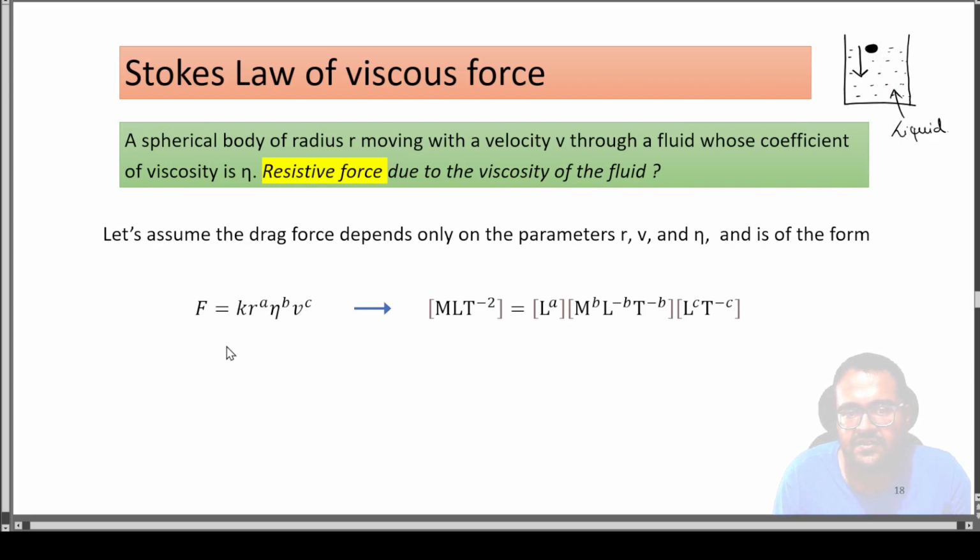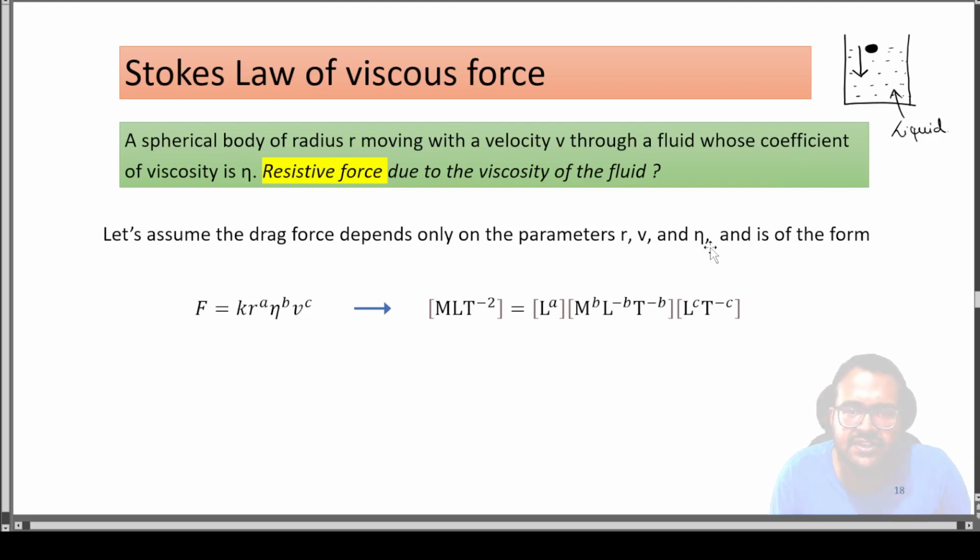If I equate my force with this dimensionally, the force should be some constant k times r to the power a, eta to the power b, and v to the power c. I assume that force is a function of only these three quantities and not of anything else. If you can imagine something else should be there, you may think about how much force will be imparted on this particle, which may be a function of other parameters.